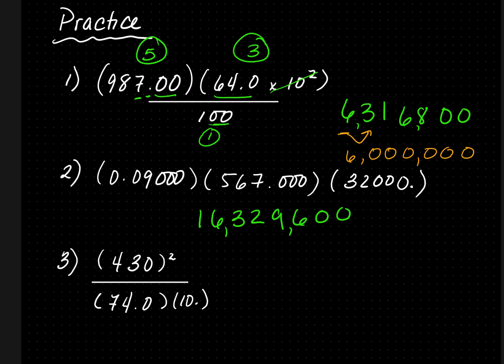Now I go back to the original problem and count the number of significant digits. 0.09000 has 4 significant digits. These zeros in the front are placeholders. There's a decimal, no significant digit in front of the 0, so this is not significant. This second set is significant because there's a decimal present anywhere and a significant digit in front.